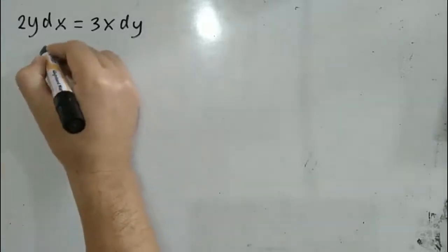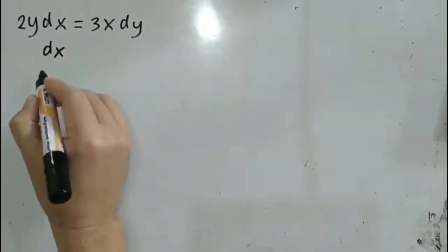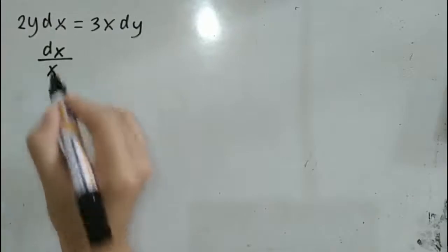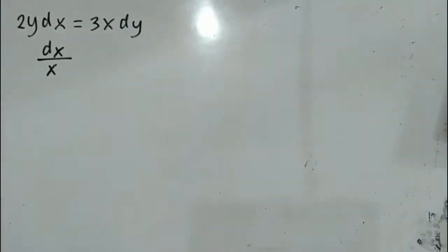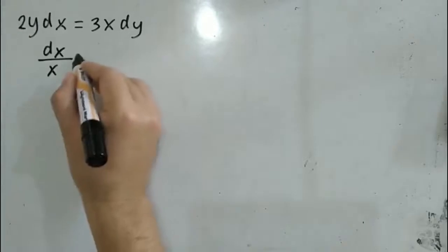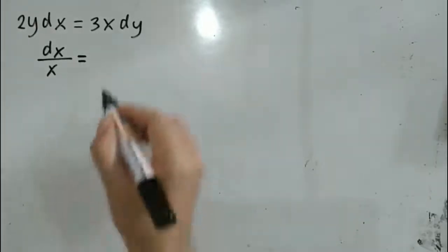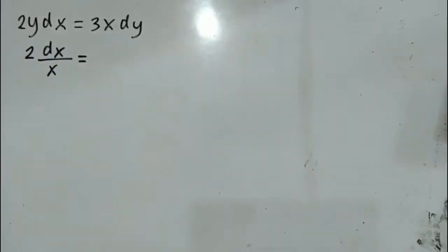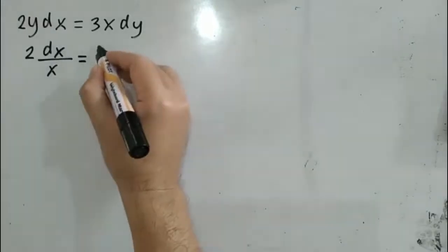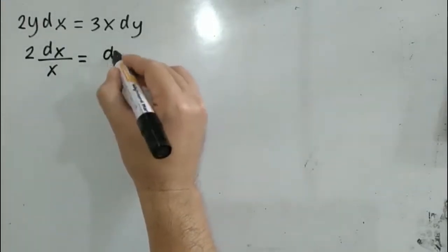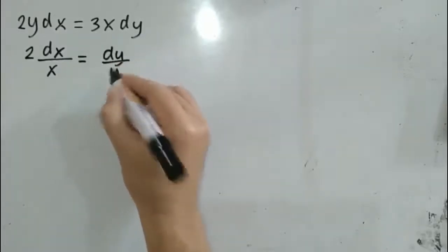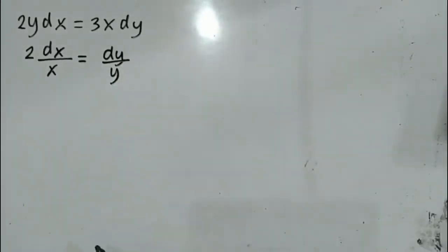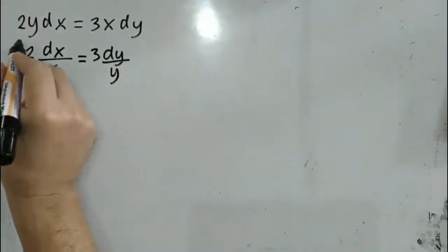So dx remains on the left side and x in the denominator, you transpose x to the denominator on the left side and just retain 2, so that we would have the constants in the numerator, and dy here with y in the denominator and just simply retain 3. And then we integrate.